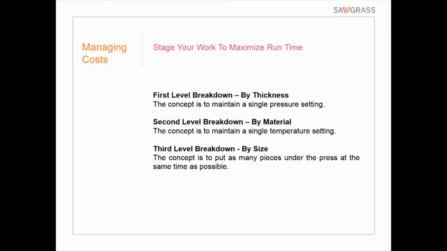They don't even have to be from the same order, but I can do that because of their size. I can even mix some types of cell phone covers with some coasters because they're the same material, as long as they're the same thickness, so that I get the right pressure. So that's something to look at too.